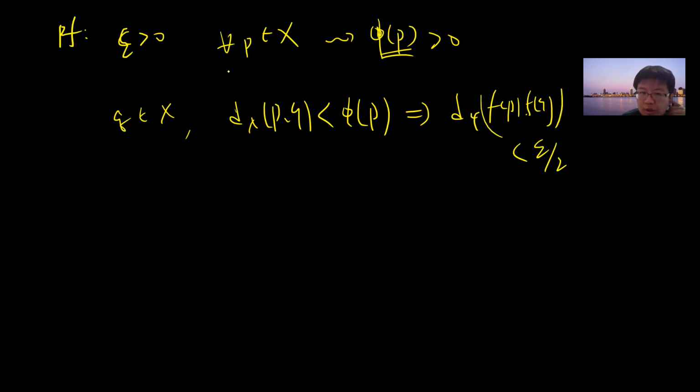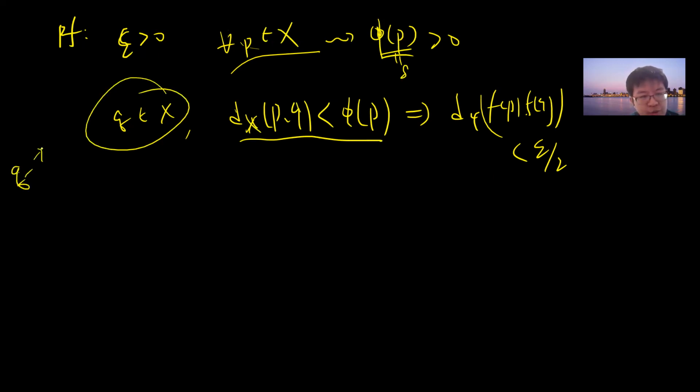Why is this true? Because f is continuous at every point p, there always exists some delta, which depends on p, such that when q approaches p, for any q with distance less than phi(p), you can view it as delta, the d_Y will be less than epsilon divided by 2. For each p, you always have this. I think you know the trick, right?